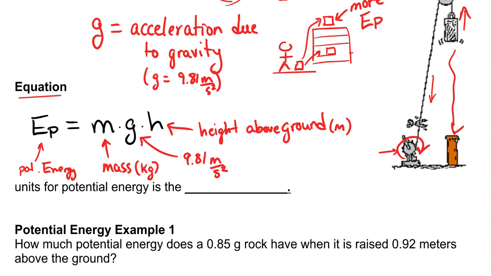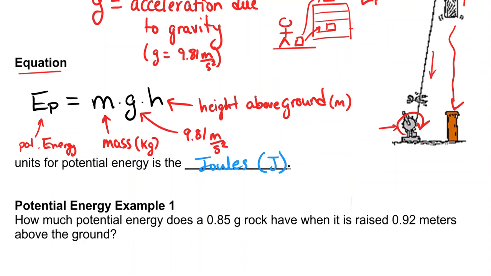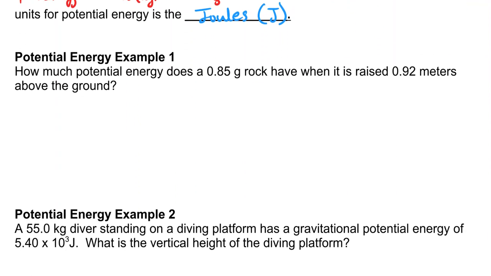And what's energy measured in? Well, it's joules, or capital J, or a newton meter, or a kilogram meter squared per second squared, that kind of thing. You know the drill. So we're going to go through 2 examples, and then I'm going to let you loose, and then I'm going to get you to do some questions for me.